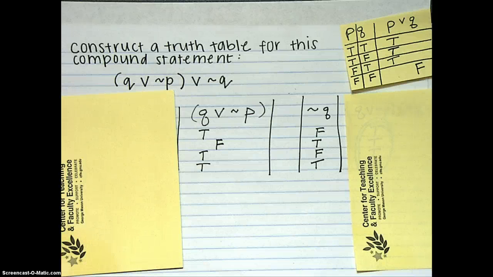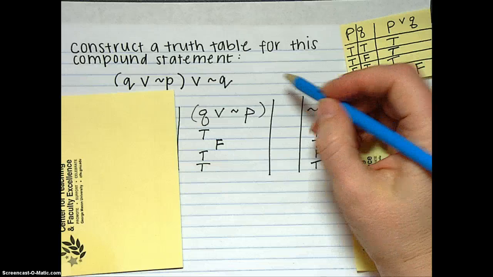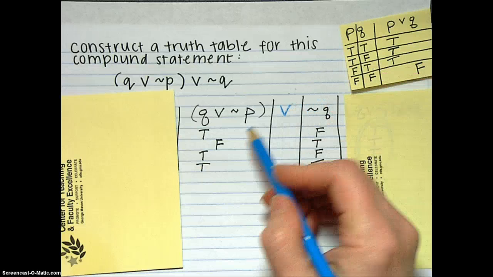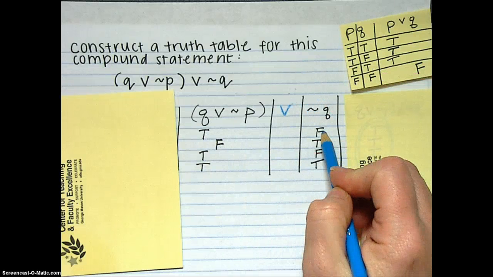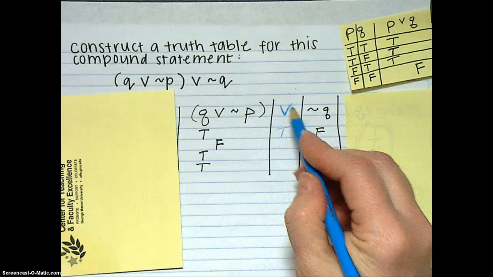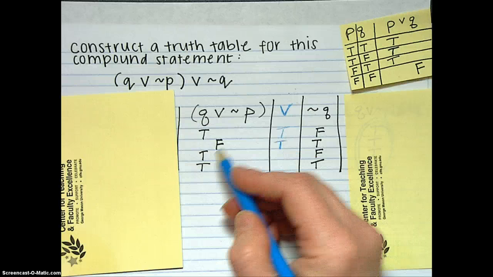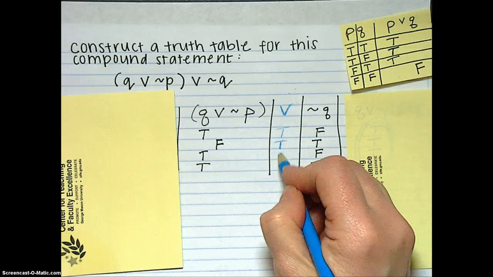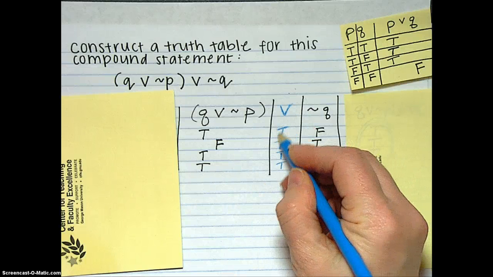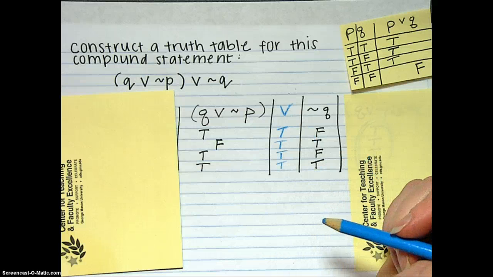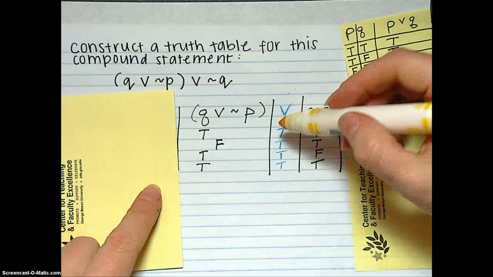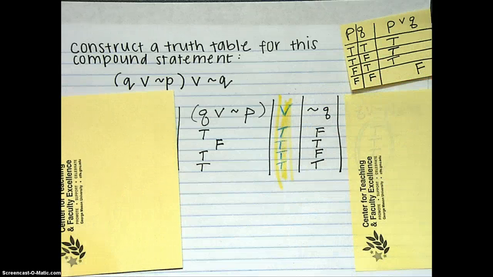So another way of doing this is to just put that final connector right there and look at them this way: true or false, and that helps people sometimes with the order. True, false or true is true, true or false is true, true or true is true. So then that would be your final column. And if you do make that your final column, you need to make sure that you indicate it either with another color or by highlighting it, saying, okay, that's my final answer.